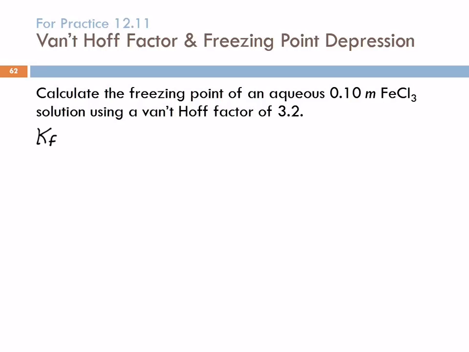The freezing point constant, 1.86, that was degrees Celsius per molal. We've got a Van 't Hoff factor of 3.2. What would we expect for iron(III) chloride? How many moles of ions per mole of solute? 4, right? Because we've got 3 chlorides and 1 iron, there should be 4.